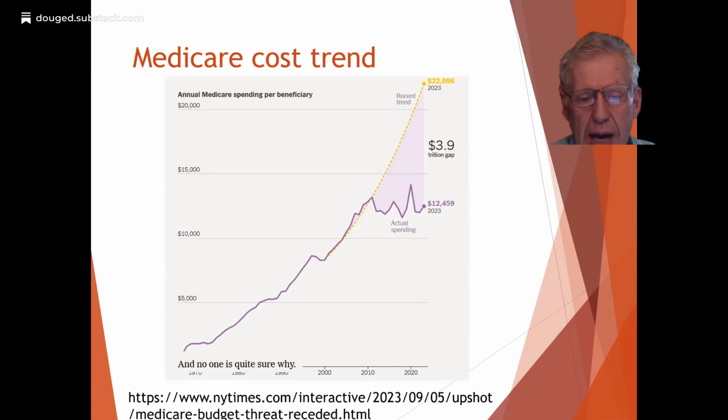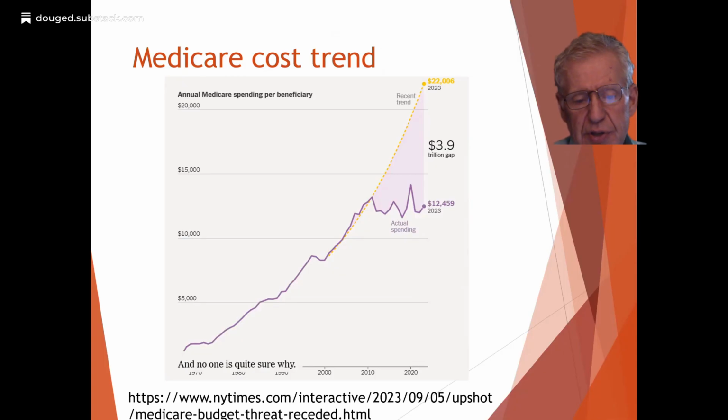And it notes a gap when you compare what the actual costs were compared to what the projections were. And we don't know the date of the projections, but they were presumed to be the case before 2010, that this would continue to increase, roughly following the original curve that it had been on, so that by 2023 we might expect to see an average of $22,000 per individual.